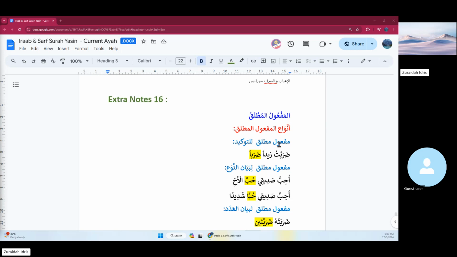Okay, so anwa here means types of maf'ul mutlaq. We have three types, basically three functions of the maf'ul mutlaq.